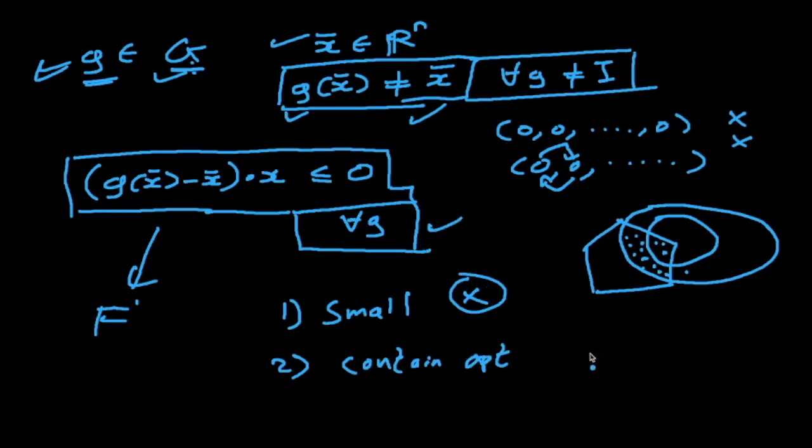But this property, where it contains the optimal solution, remains valid even if we drop those things, right? So now we have an easy way of finding at least some region which is defined by these linear static inequalities, which removes a big part of our search space. Okay, so that's a good thing.